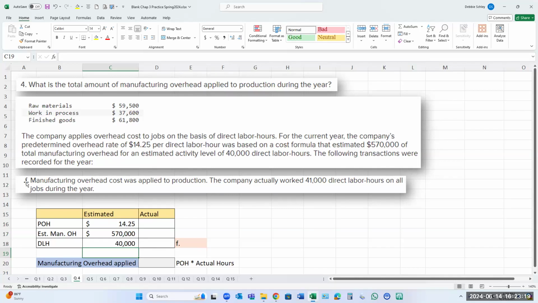And then in transaction F, they tell us manufacturing overhead cost was applied to production, which is what we're supposed to be figuring out. The company actually worked 41,000 direct labor hours on all the jobs during the year. So we use these actual hours and we take our predetermined overhead rate that was from our estimates and multiply that by our actual hours.